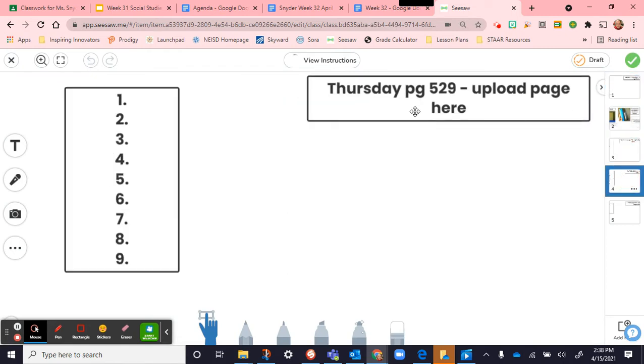Your assignment for today is on page 529. You have 1 through 9, and you're going to upload the work that you showed here. And your work that you're uploading, you're making these conversions.